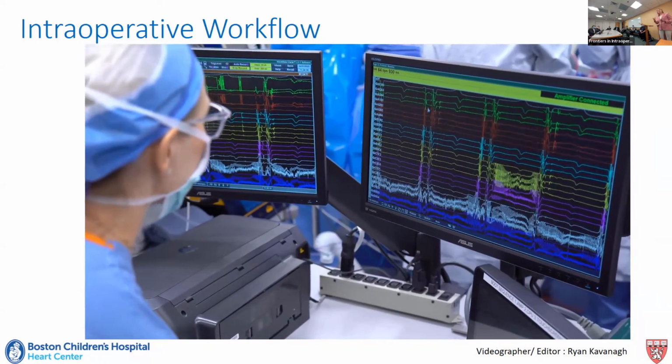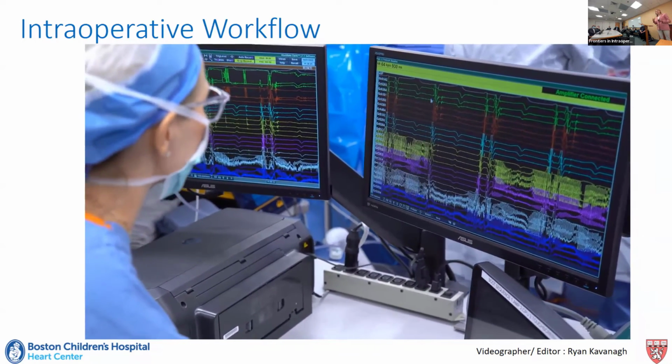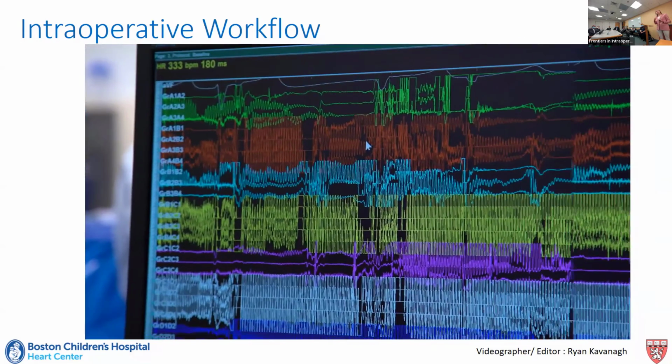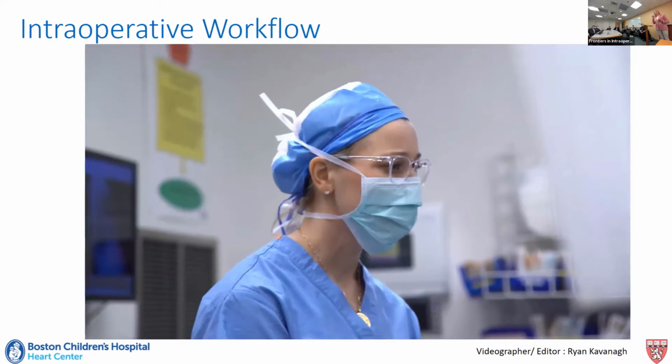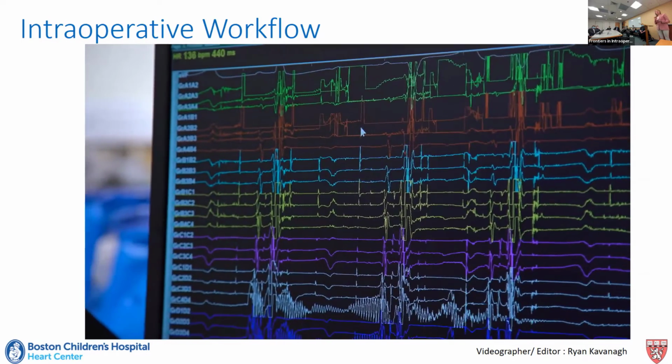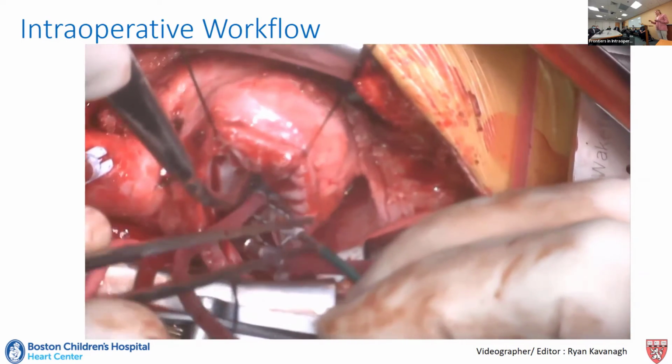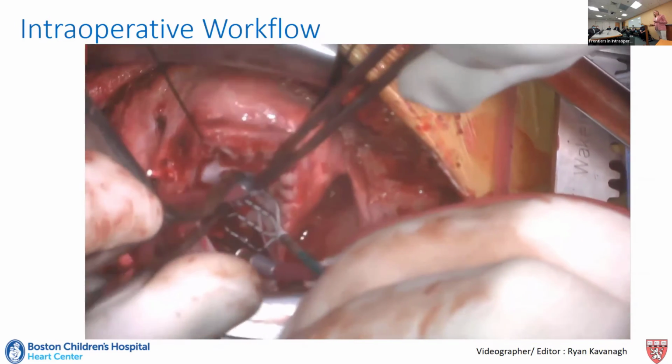But effectively, it's communication back and forth, where the electrophysiologist is scanning through to try to see where that biggest signal is. And the surgeon is relaying where they are anatomically.